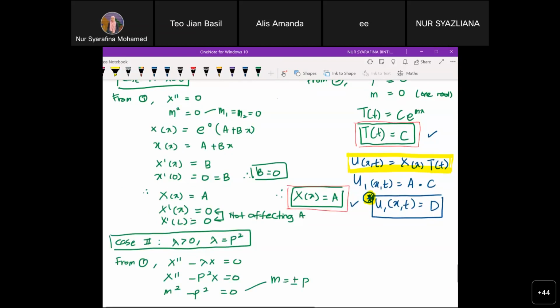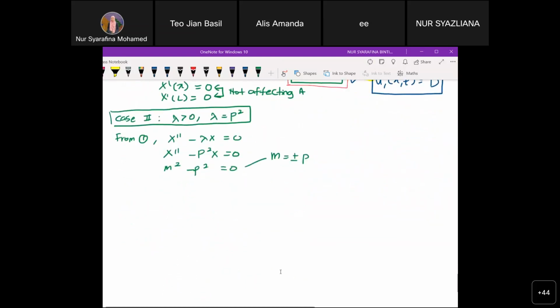As you can see, we have two distinct roots, plus minus p. Then you should know that the solution of x should be Ae^(m1 x) plus Be^(m2 x). Then we have x equals to Ae^(px) plus Be^(-px). Then what? Then apply the condition.